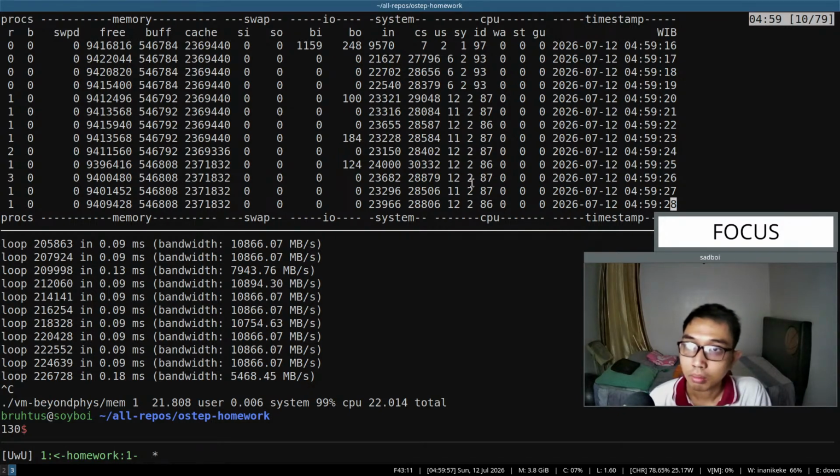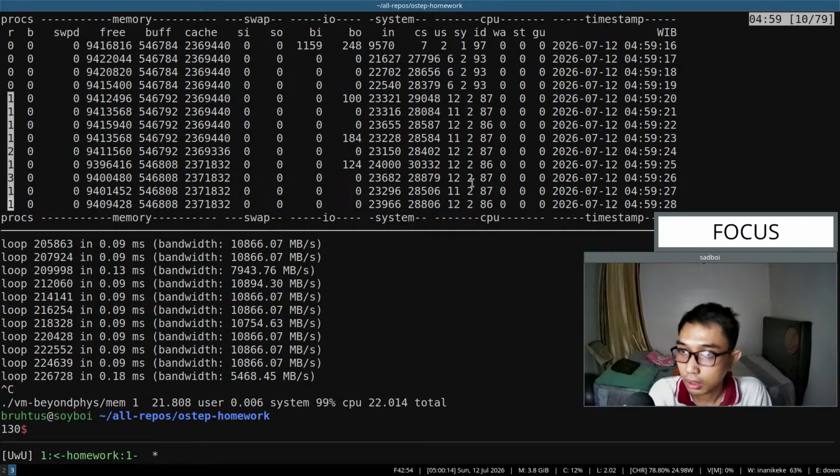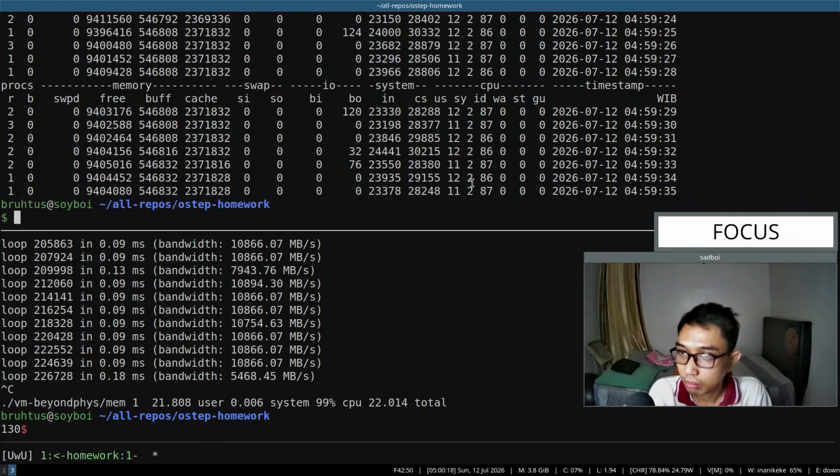Okay, maybe the second header appears when we run out of space, something like that. Maybe. Okay, I guess this is when we run the script or the simulation, right?